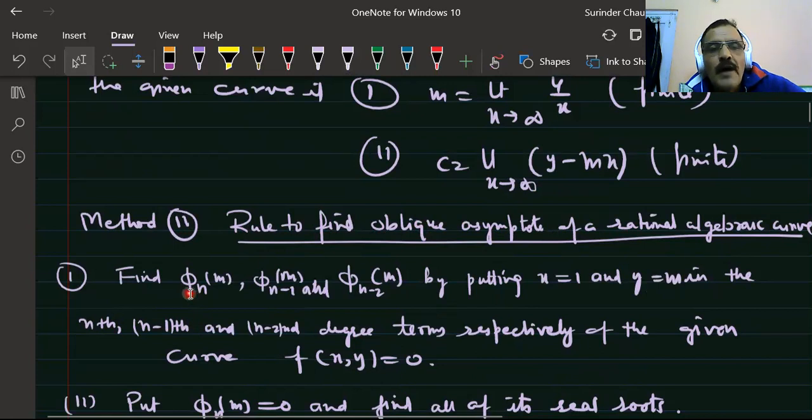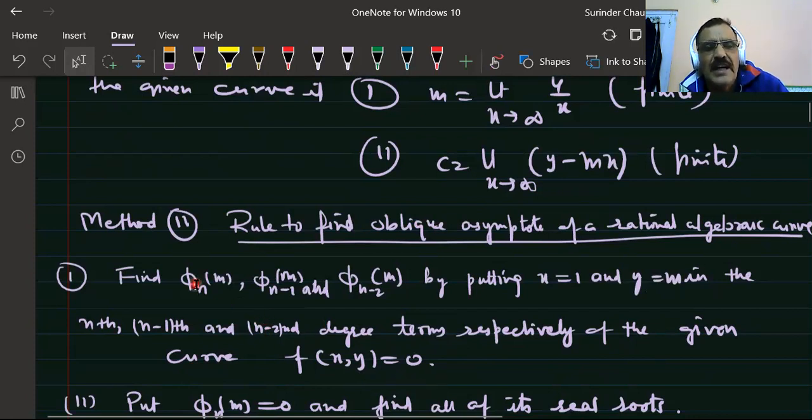We'll find phi n of m, phi n minus 1 of m, phi n minus 2 of m, and so on, by putting x equal to 1 and y equal to m in the rational algebraic curve, where phi n of m is the nth degree term, phi n minus 1 of m is the n minus 1 degree term, and phi n minus 2 of m is the n minus 2 degree term respectively of this curve f of x, y equal to 0.